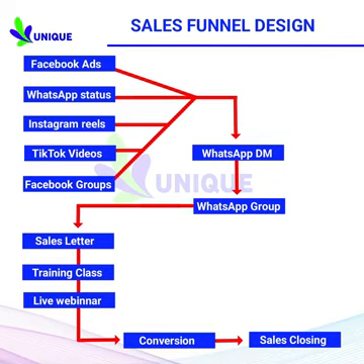Then once they come to your WhatsApp DM, ensure you move them to your WhatsApp group. Okay, so the arrow is pointing now to the WhatsApp group. Then after your WhatsApp group, you now give them access to a sales letter. Sales letter refers to the PDF file that explains everything about affiliate marketing. So after you give them that sales letter, then you now move them to conversion.